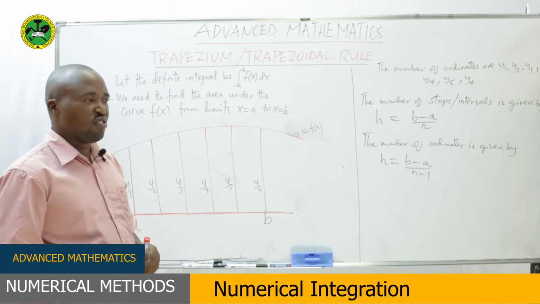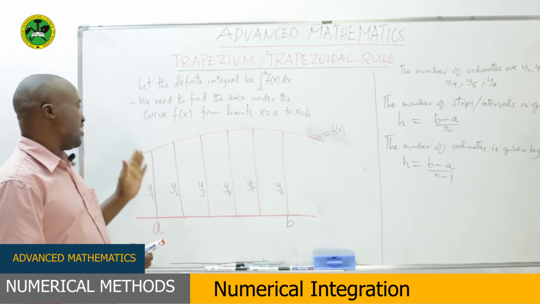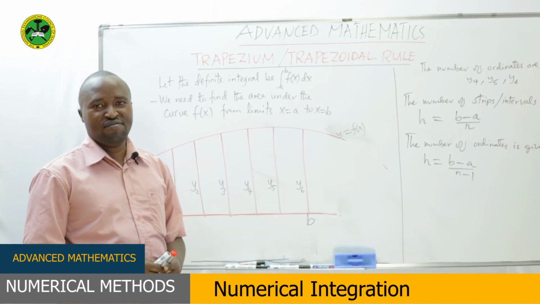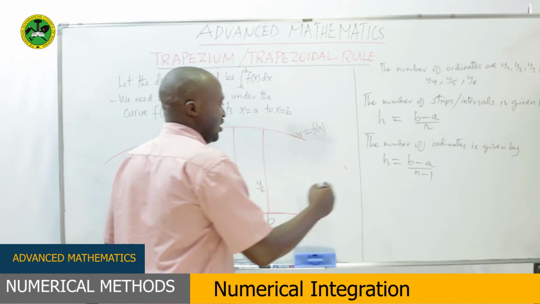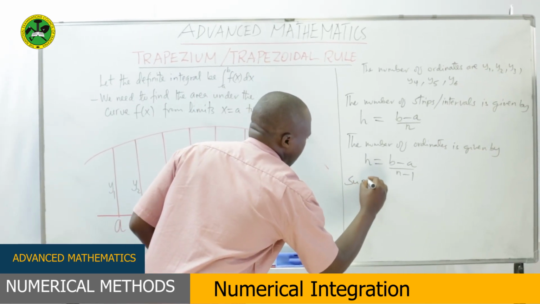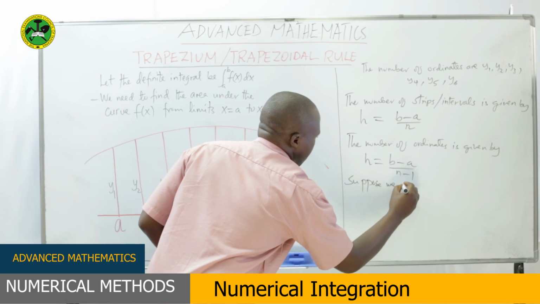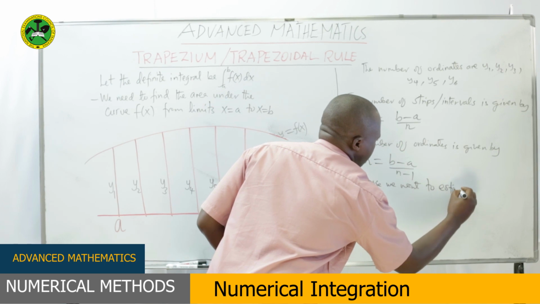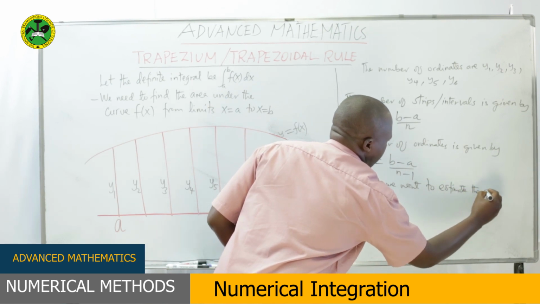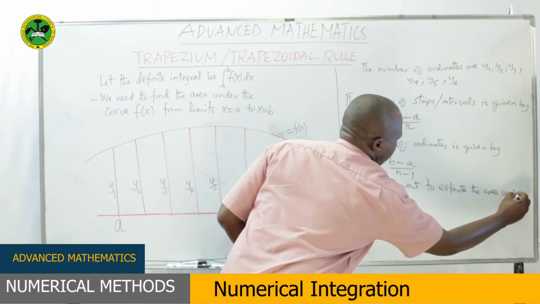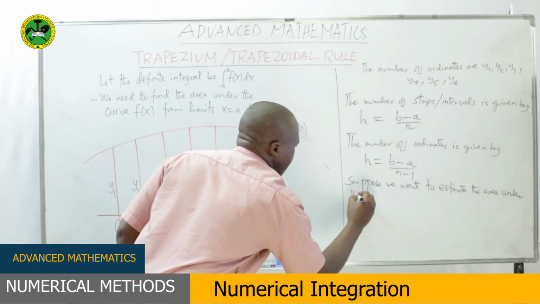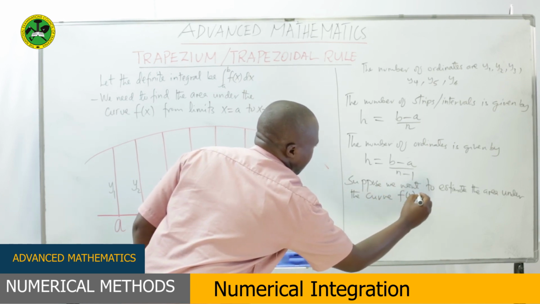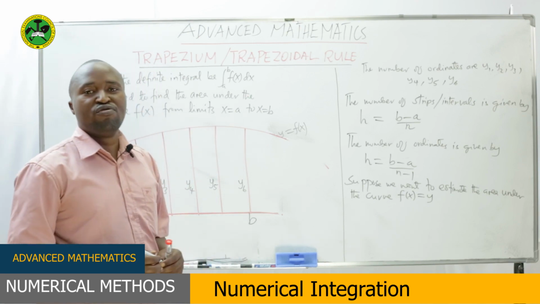So, my dear students, suppose we want to find the area under this curve, given by y is equal to f of x. We want to estimate the area under the curve, f of x is equal to y, or y is equal to f of x.